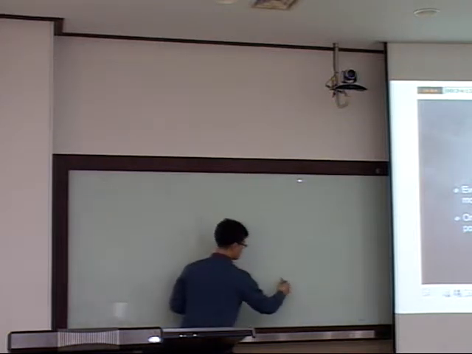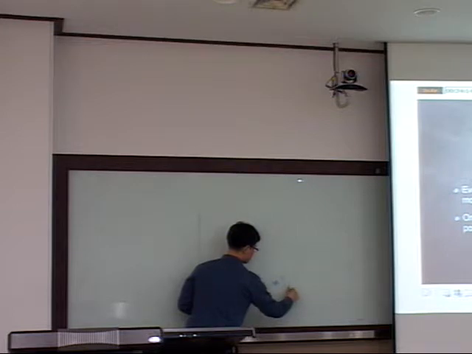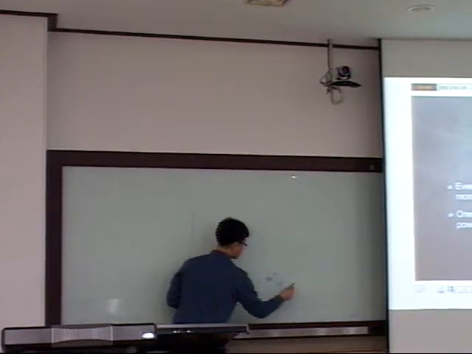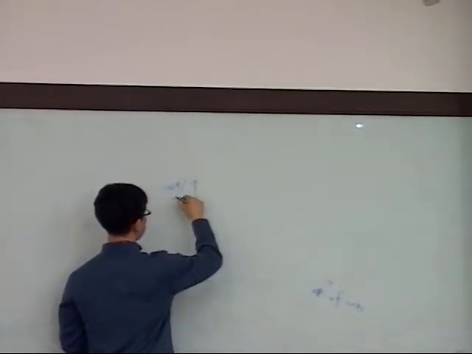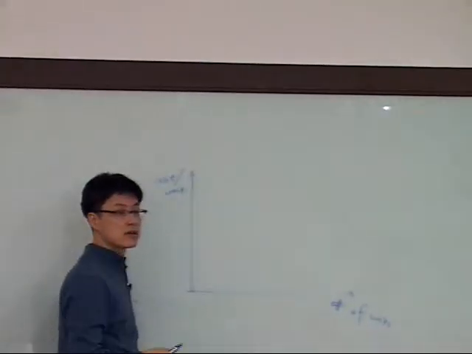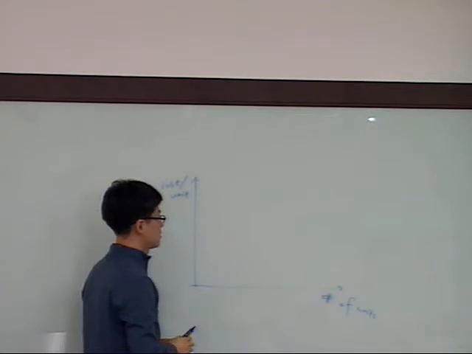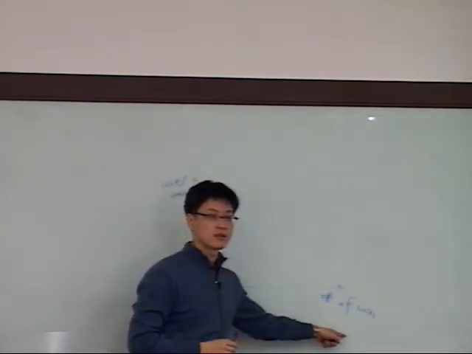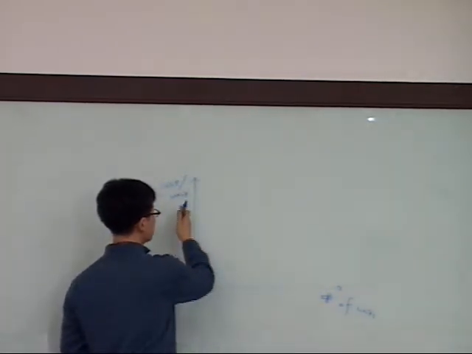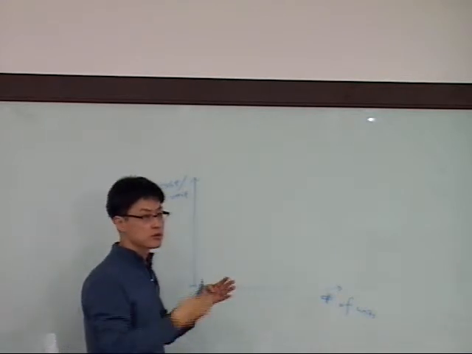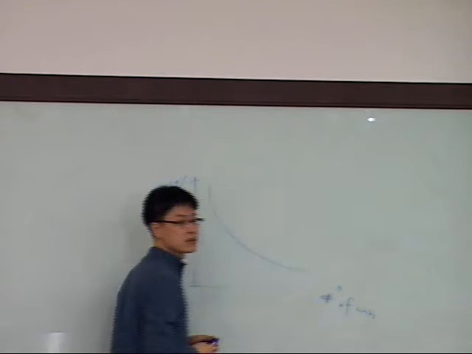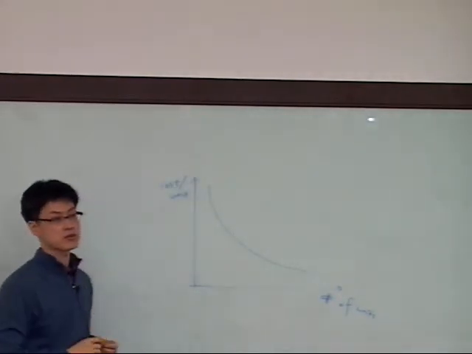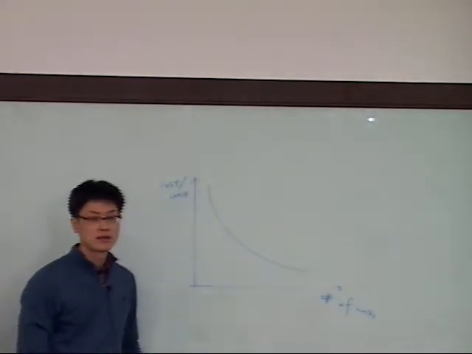This is number of units, which are cost per unit. If your number of units increases, the cost per unit behaves like that. That's the economies of scale. Right?